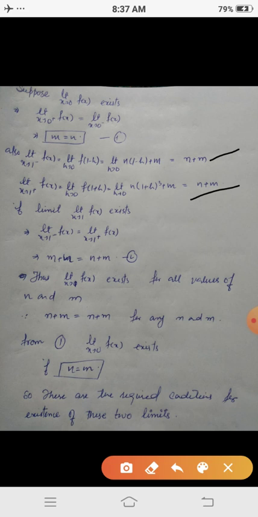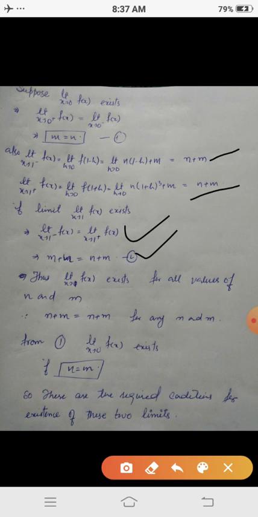The limit exists only when the right limit equals the left limit, that is, n + m equals m + n. This is possible for any values of m and n, which implies that the limit at 1 exists for every m and n.